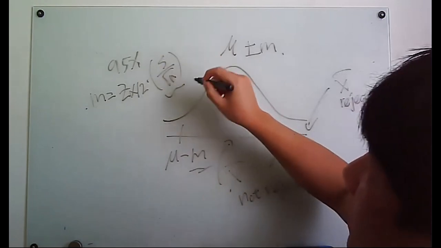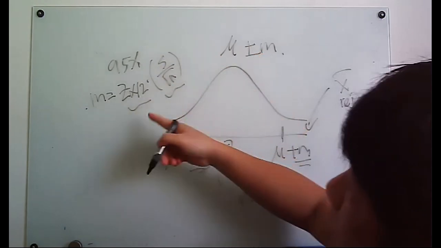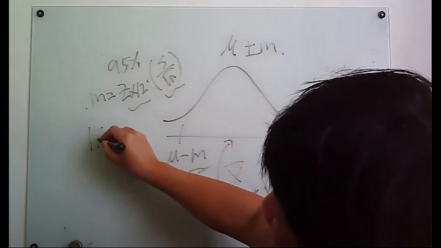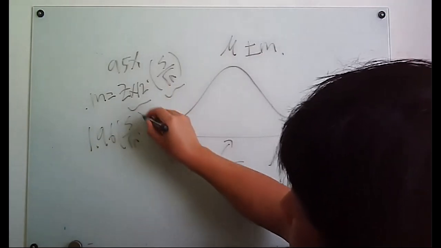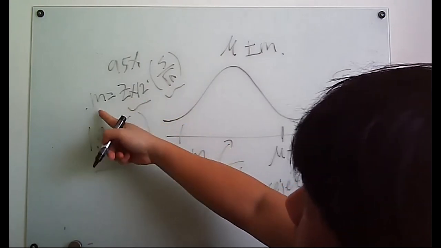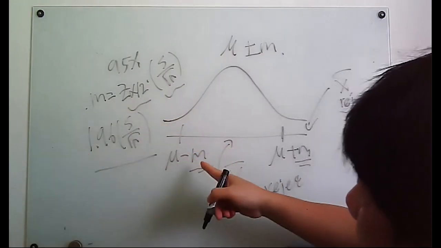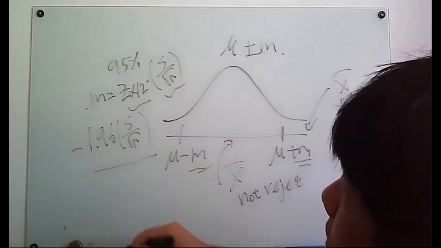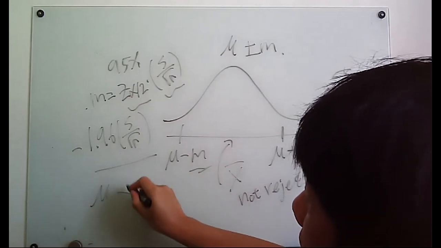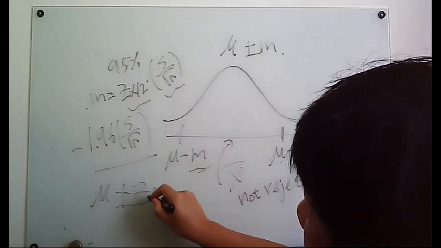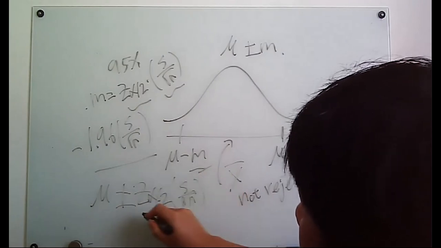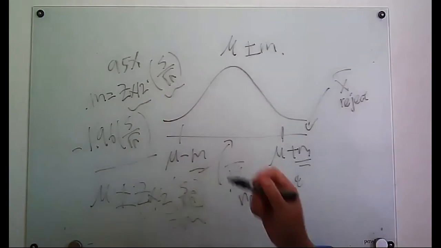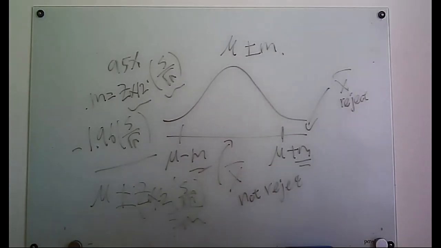This is the standard error, and this is the significance level. For 95%, it's going to be 1.96 times s over square root of n. Since it's positive, for negative m it should be negative. So basically, it's mu plus minus z alpha over 2 times s over square root of n, where this is equal to m, right? We learned this in detail in the previous chapter.